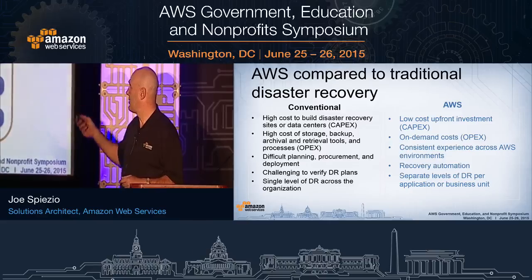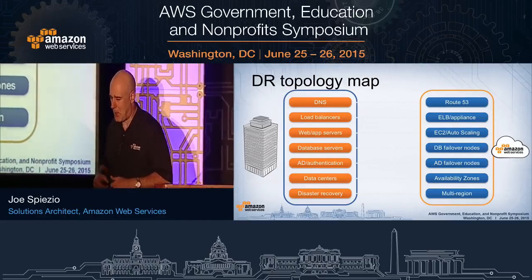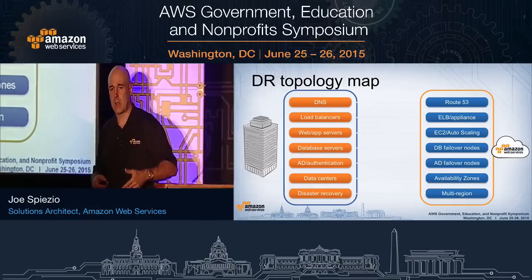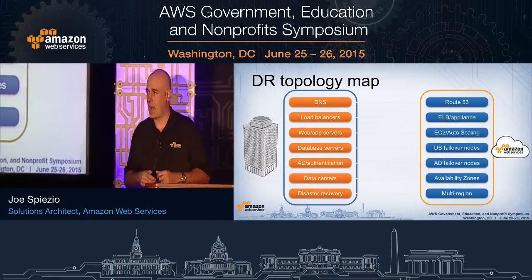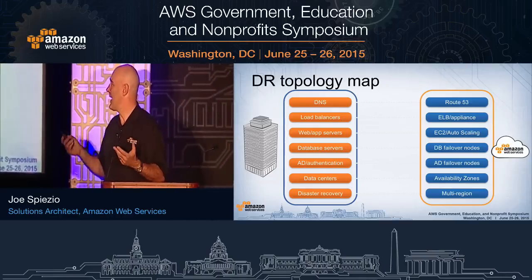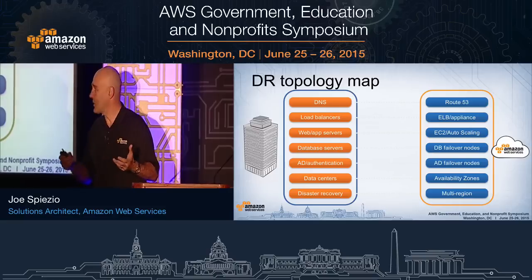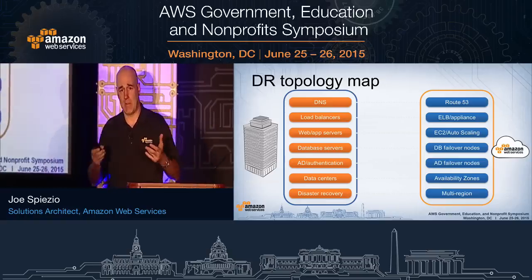So if we look at a topology map, and I apologize, the dots in the middle are a little faded out, but there are lines crosswalking these left to right, right to left. You see on the left the traditional terminology, and on the right the AWS analogs to these terminologies. So everything from DNS and load balancers to web and database servers, and all the way down to data centers, which in our case map over to our availability zones.